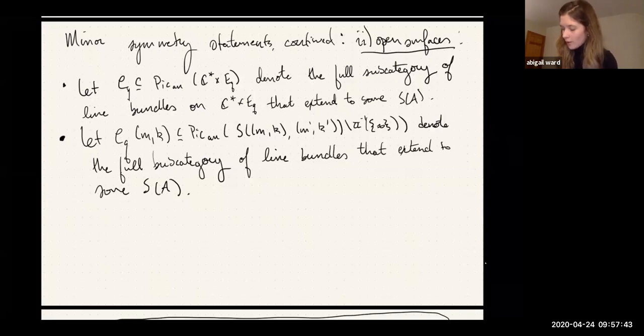If you take sheaves on your compact surface, you can restrict them to an open subset, away from one pole, away from the other pole, and then that glues over the common open subset C star times E. So these are all restriction maps. Over here you have localization maps.